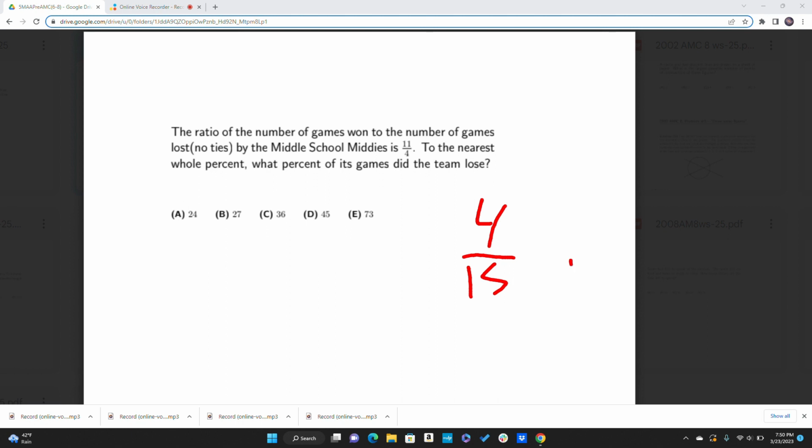And we want to figure out what percent that is, or as close as we can get, right? So we want to find what that is over 100. So I'm going to use cross multiplication for that. So basically, what we do for cross multiplication, if you're not familiar, which is okay, we do 4 times 100, sorry, that's 400, and then we divide it by 15, so the other cross will get us our mystery.